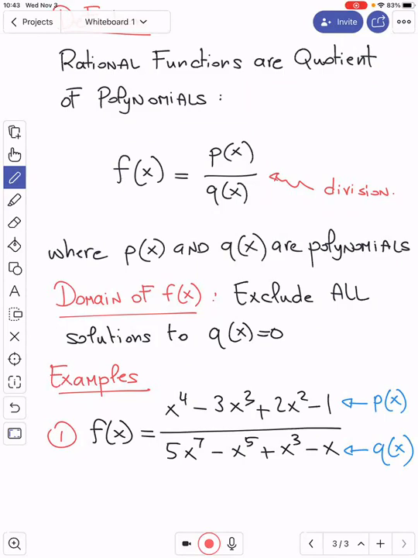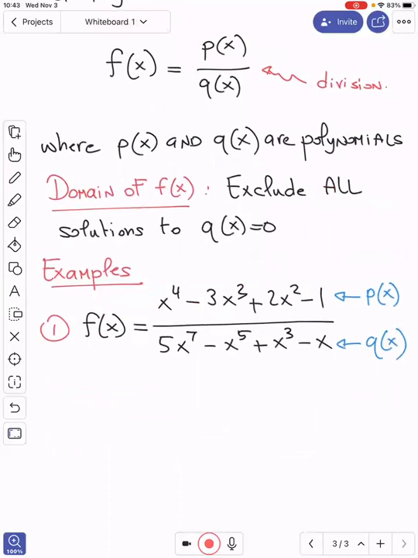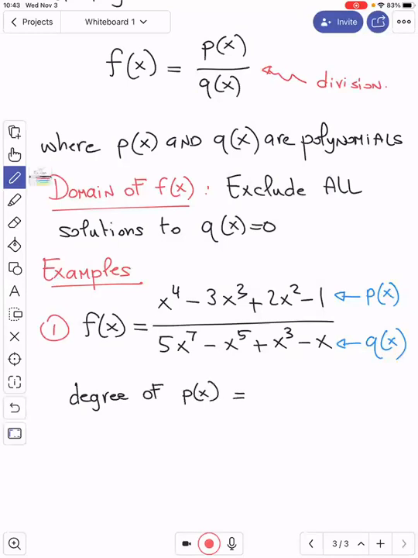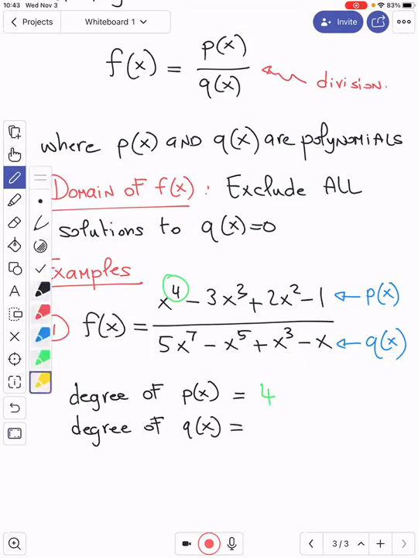Of course, the degree of p of x, the highest power of x in p of x, is 4. And the degree of q, the denominator, the highest power of x in the denominator, is 7.